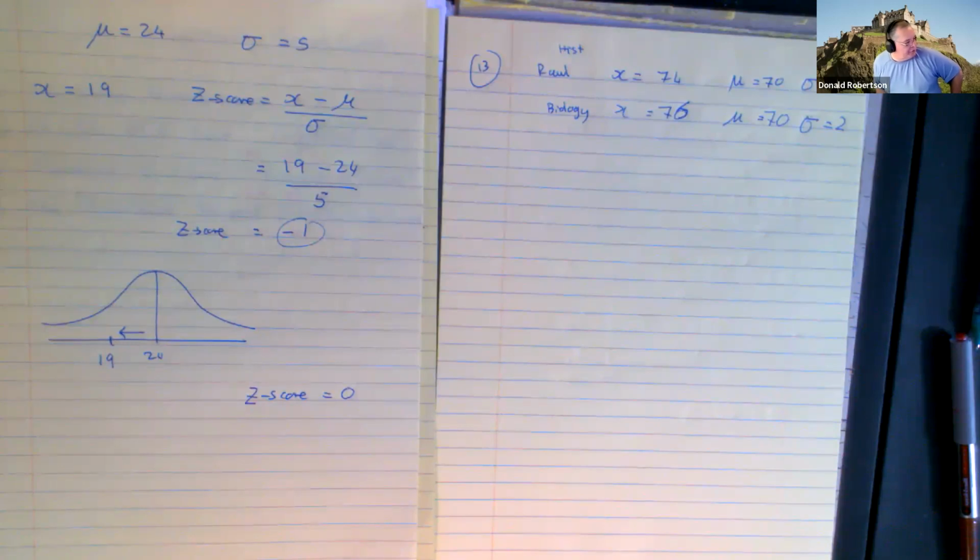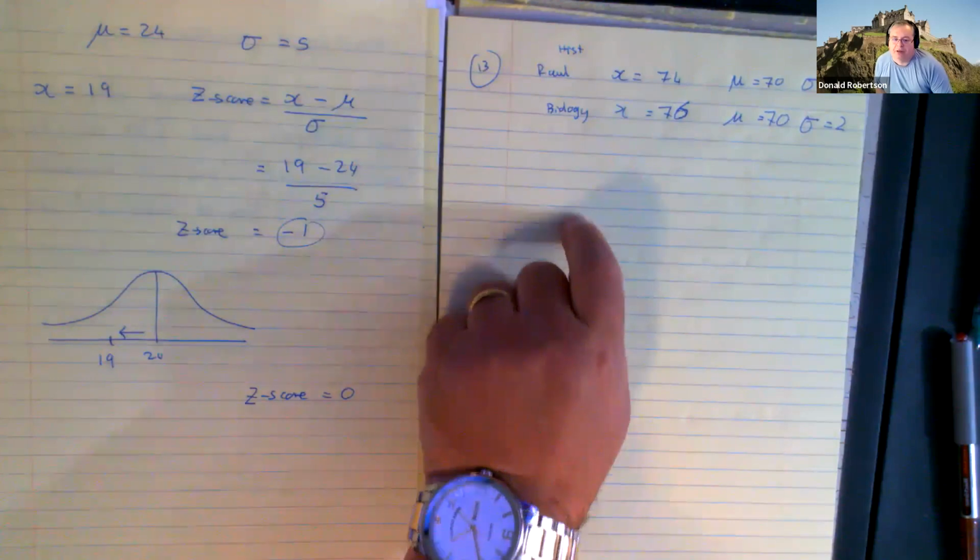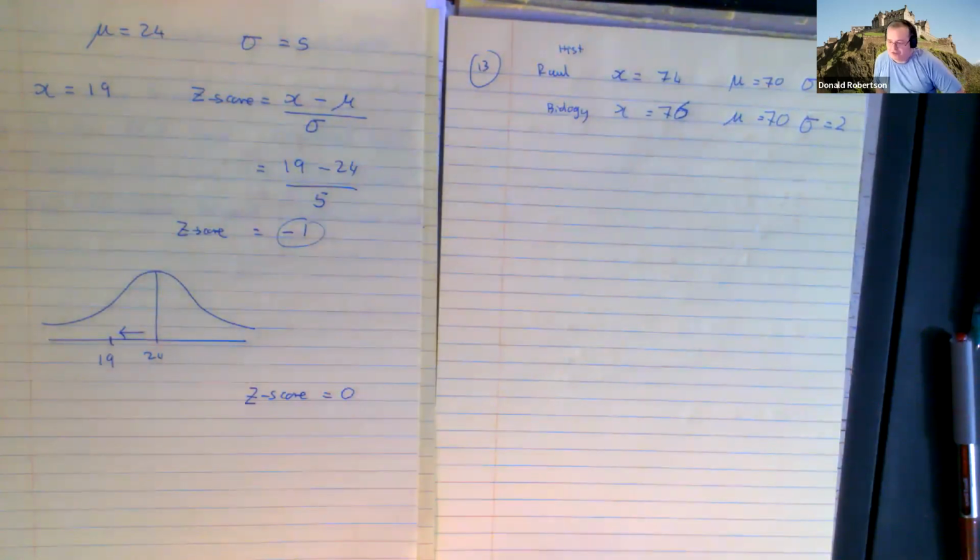So we're being asked, did he do better in history? Did he do better in biology? Or were they the same?